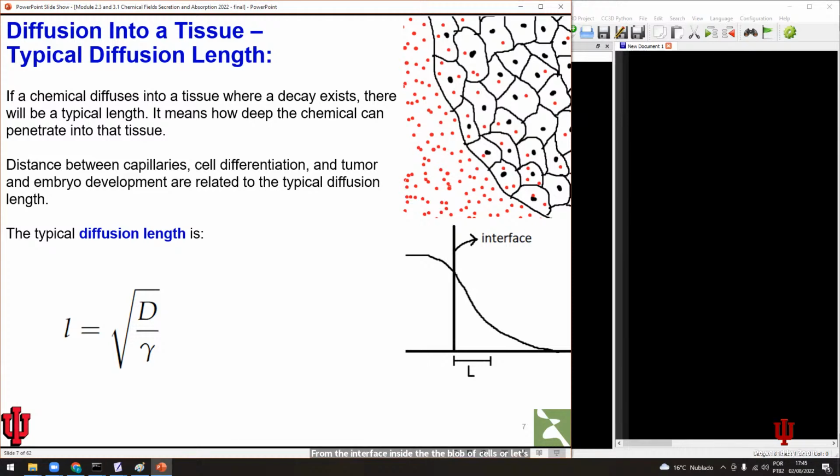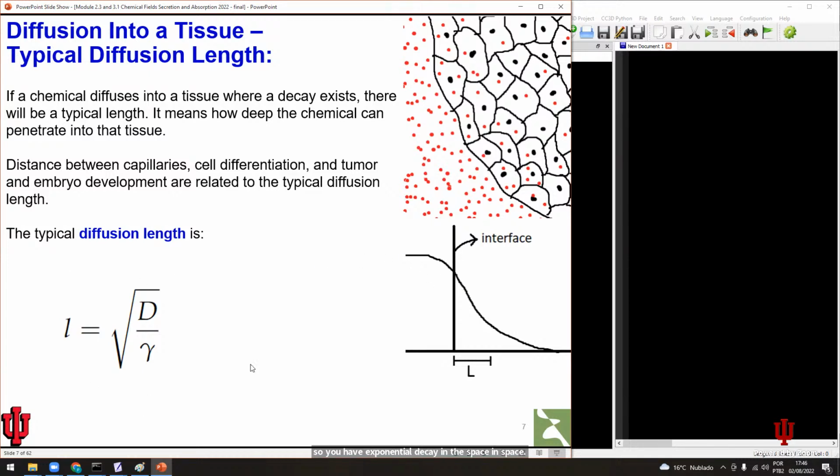So you can have a tumor, a blob of cells, and as you go inside the tumor, you will see less and less nutrients, for example. So you have exponential decay in space, okay, as you go into the tumor.